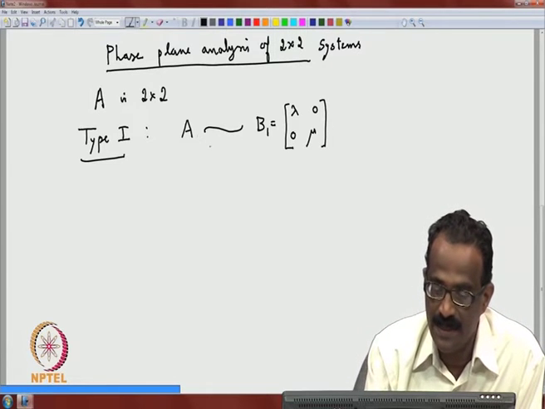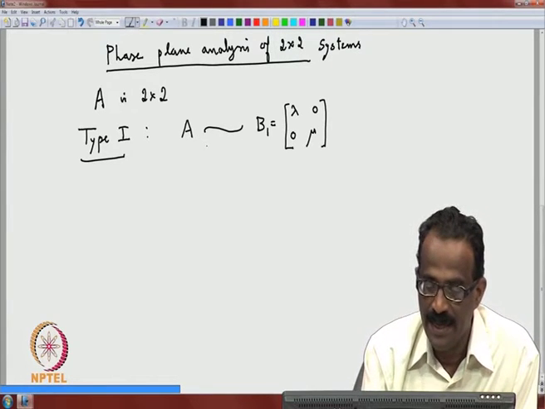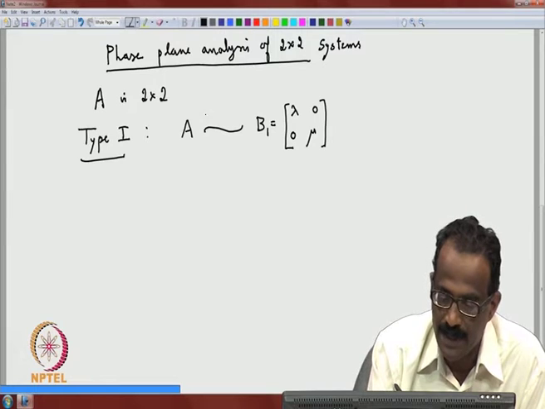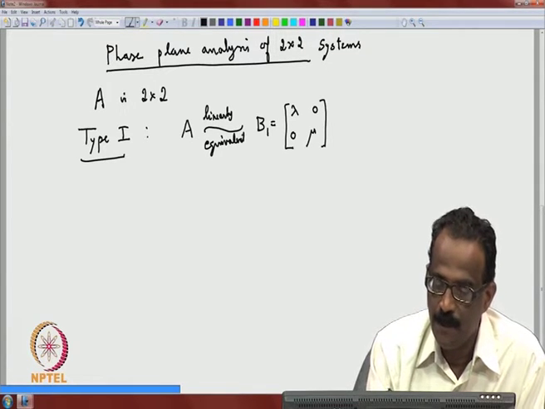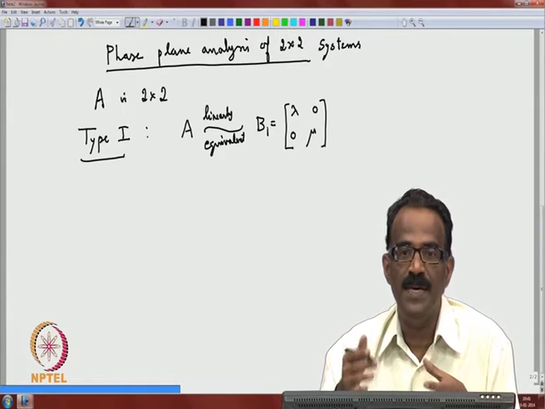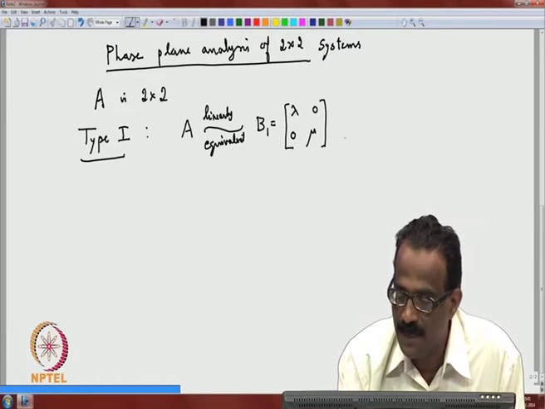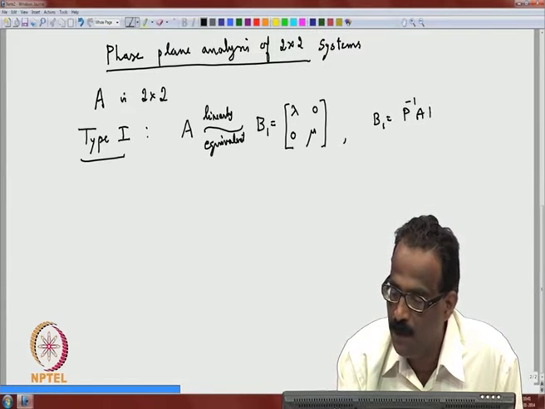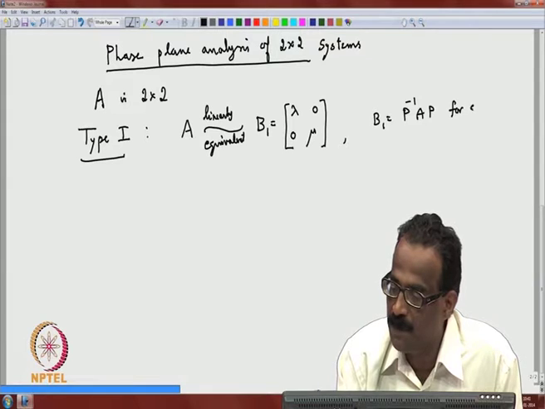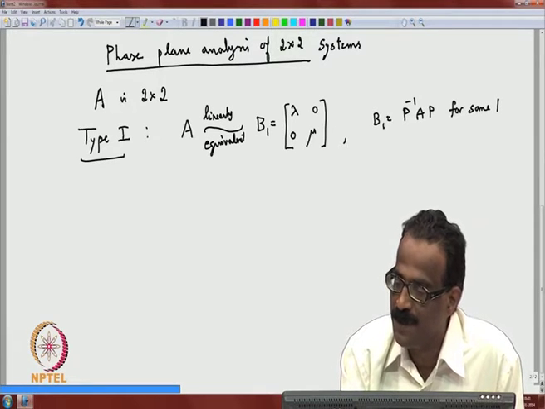Linearly equivalent means B1 can be written as P inverse A P for some invertible matrix P. That is the meaning.